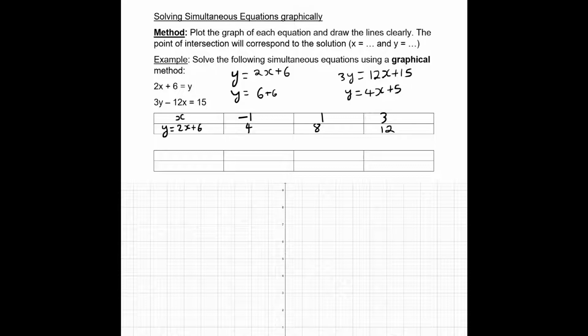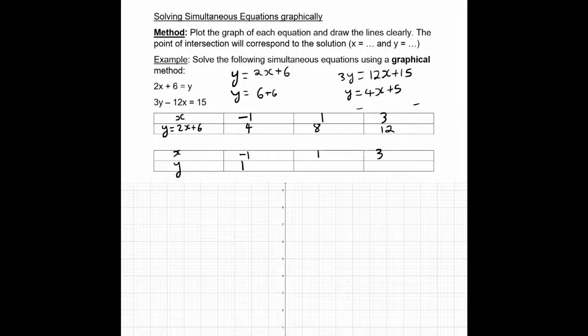When x is equal to 3, y is equal to 2 times 3, which is 6, plus 6, which is 12. In the other table, I'm going to do the same thing, but for y is equal to 4x plus 5. I could use the same values, so if I use minus 1, 1, and 3, when x equals minus 1, y is going to be 4 times minus 1 plus 5, which is minus 4 plus 5, which is 1.